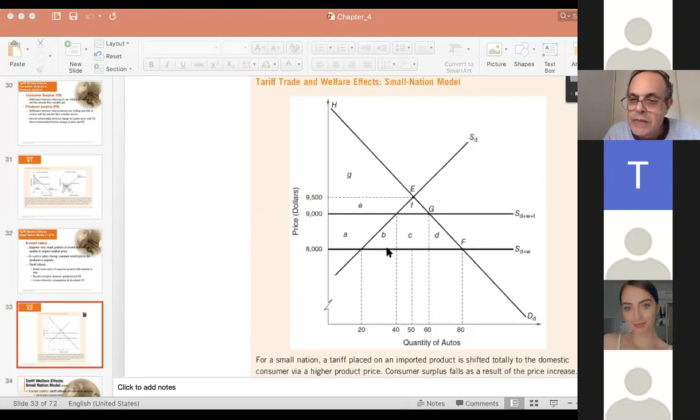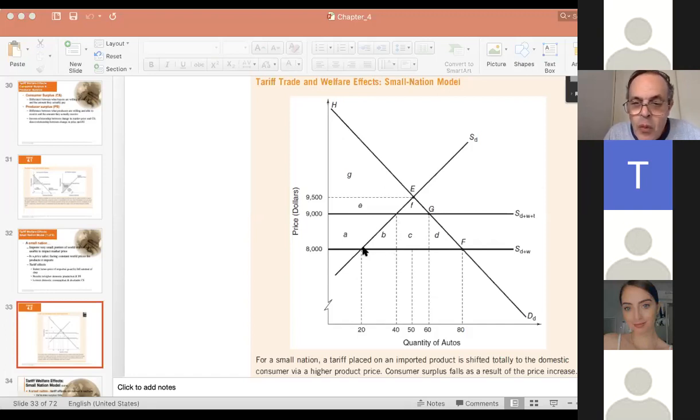They are inefficient. So why should they lure scarce, limited resources into producing something that they are inefficient in? They should release these resources to go to producing those goods that we are efficient in. That's the reason why when you impose a tariff to protect this inefficient industry, you are actually going to hurt the economy by promoting the use of scarce resources towards the production of inefficient goods.